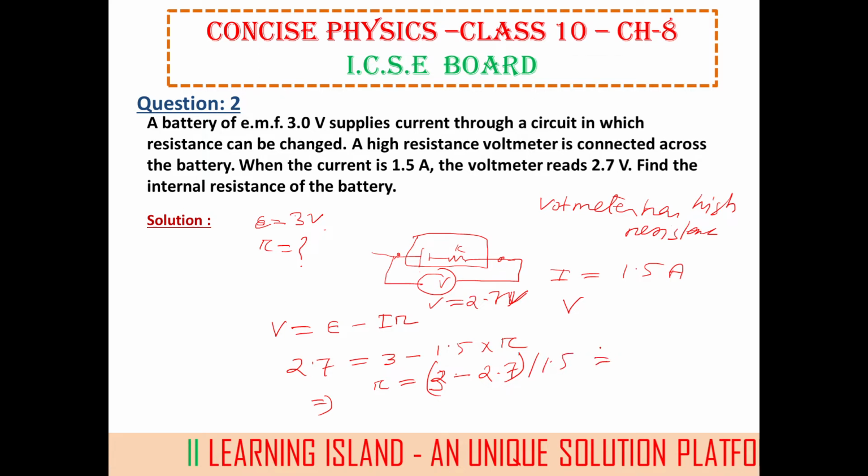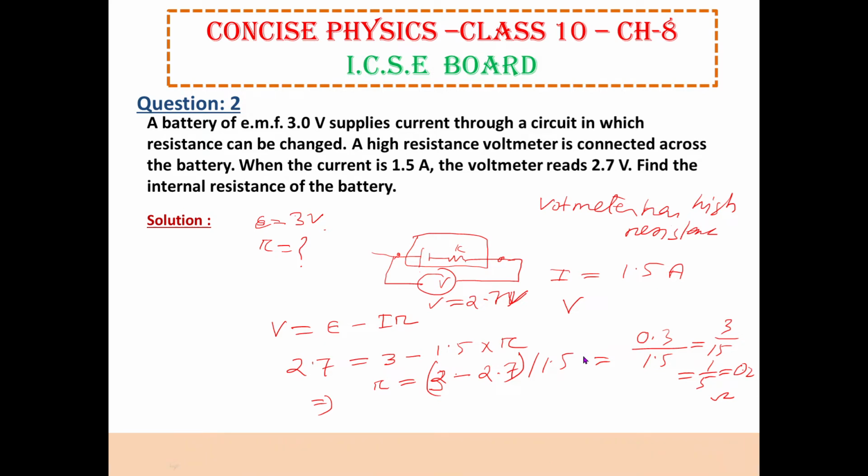So I am getting 0.3 divided by 1.5. So it is finally 3 divided by 15 equal to 1 by 5, that means 0.2 ohm. So r is 0.2 ohm. Hope it is clear. So you can find the final solution here.